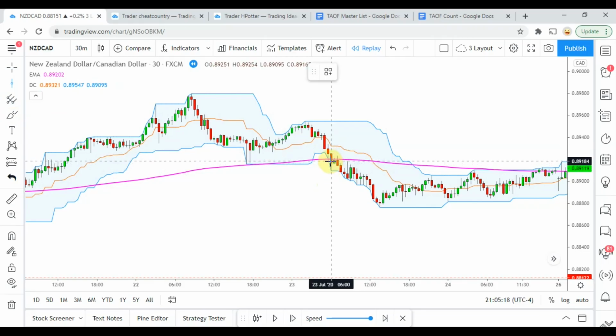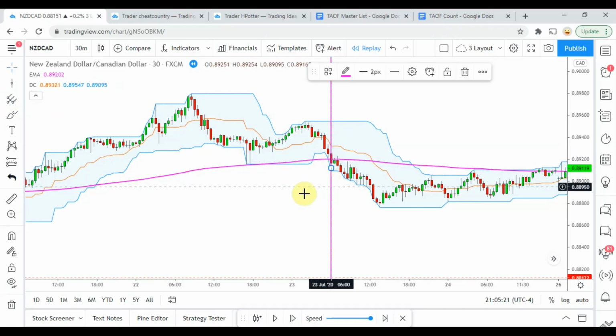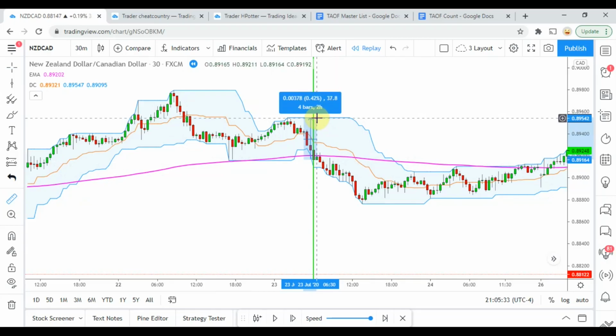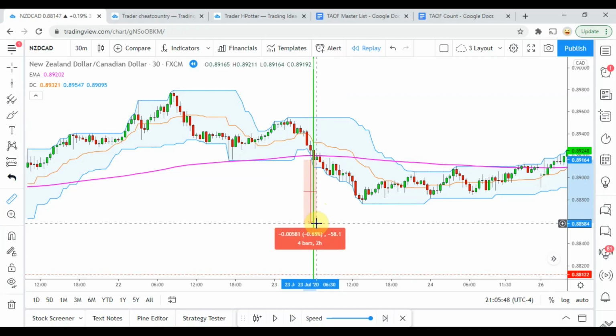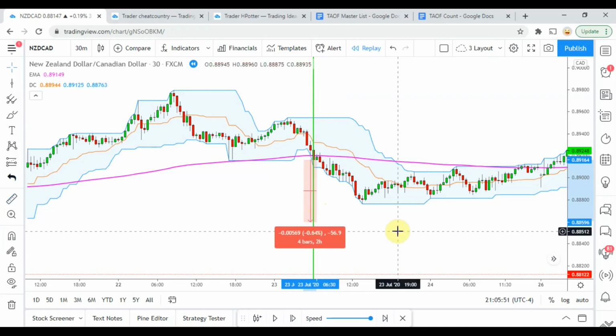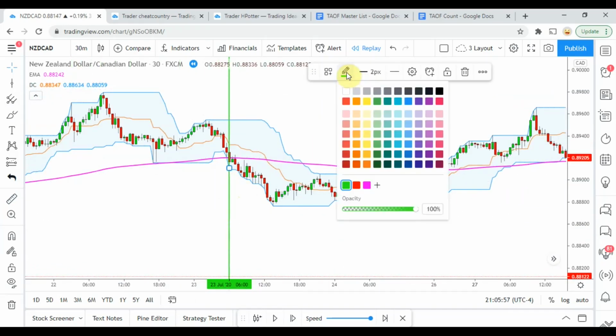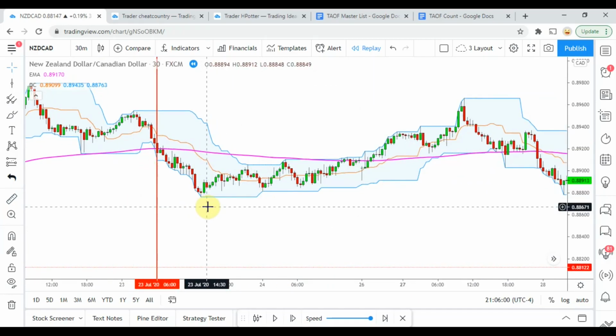Looks like right here we get a break below the moving average, and at the same time we do make a lower low on the lower channel line there, and we are at 38 pips, and so we are looking at about 57 pip take profit. And in this particular case, it would not have hit take profit there either.